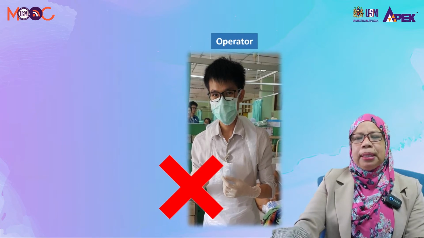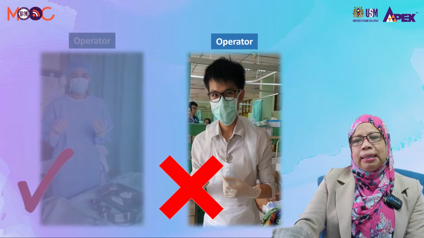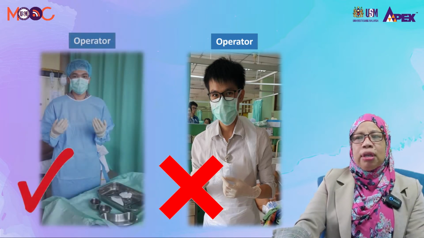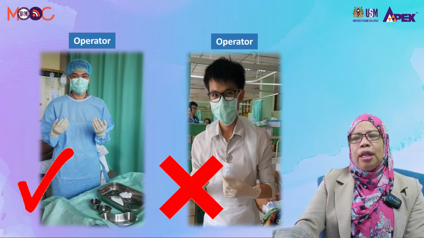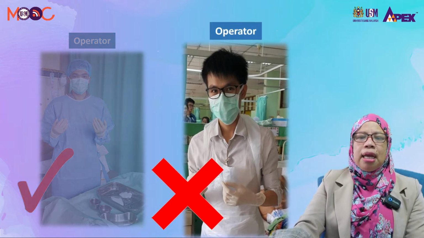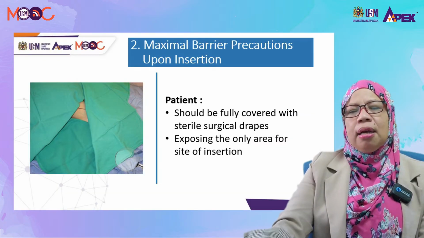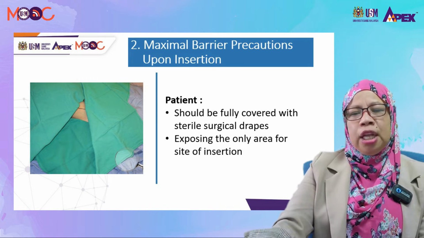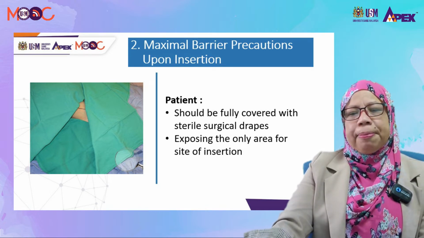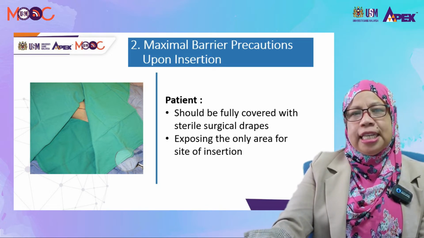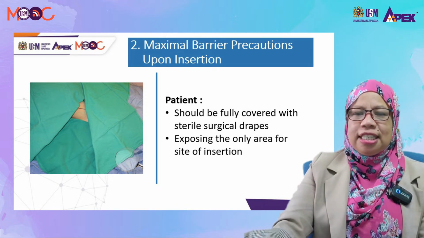Yeah, for example, this doctor is just wearing the plastic apron with the glove without cap and also without a proper sterile gown. This is something that is totally wrong. Yeah. As for the patient, they should be covered all from head to toe, only exposing the area for the insertion site.